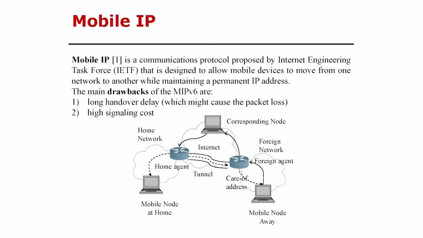to allow mobile devices to move from one network to the other. So this is the infrastructure for mobile IP to move. Normally, there is a home network, and when it moves to another network, it is called a foreign network, and so on.